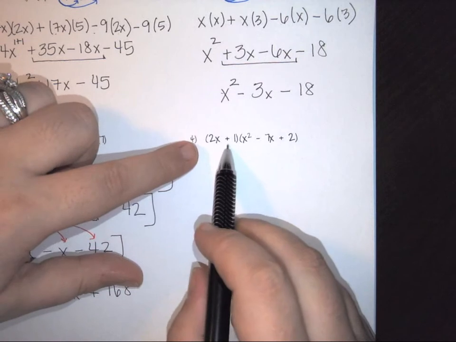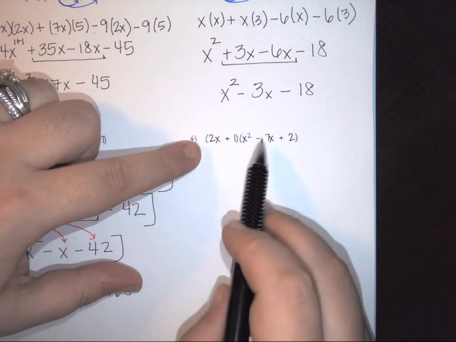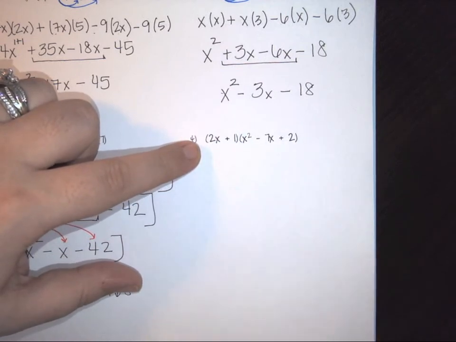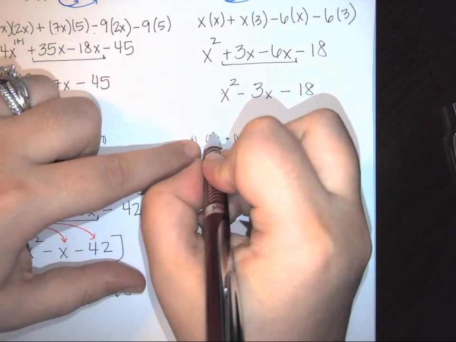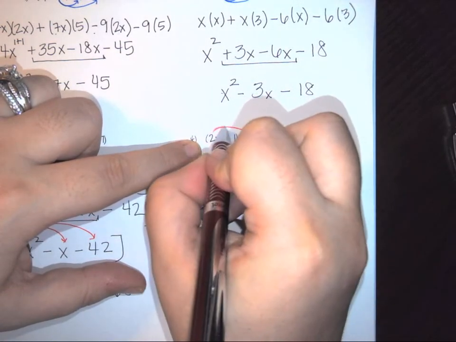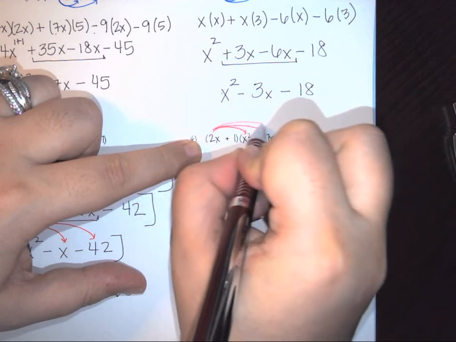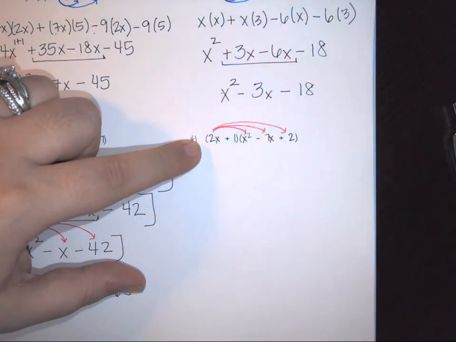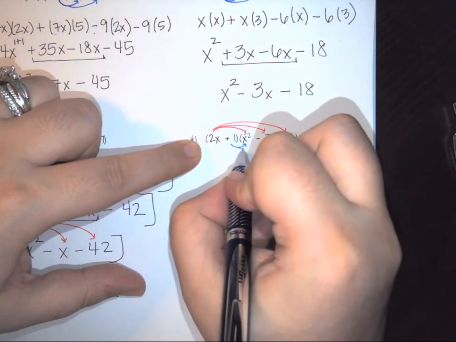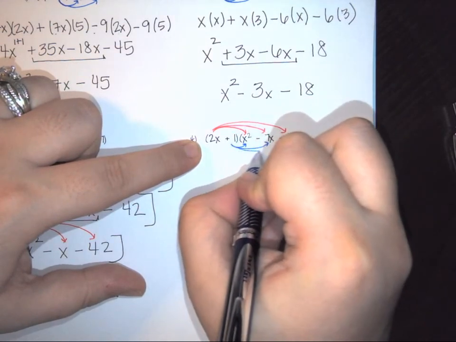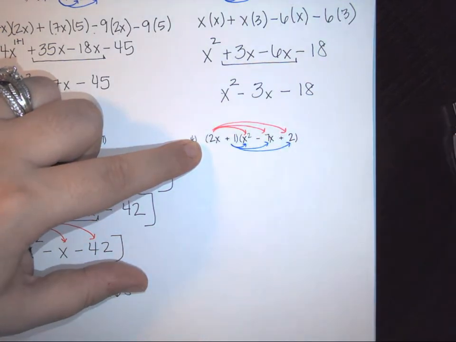Alright, let's look at this next one. Notice I have a binomial on the outside and a trinomial on the inside, but the route is going to be the same. You're going to take your first term and you are going to distribute it through your parenthesis. And then you're going to take your second term and do the same thing. Distribute it through your parenthesis here.